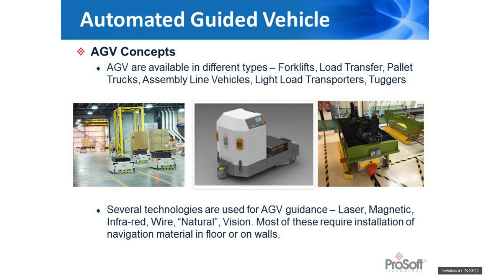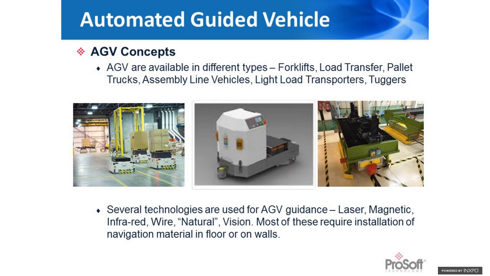Magnetic guidance uses a wire in the floor or magnetic tape on the floor and follows that tape. Infrared is similar to the laser. It uses reflections off of known beacons.